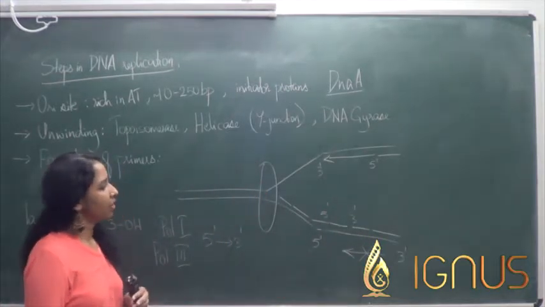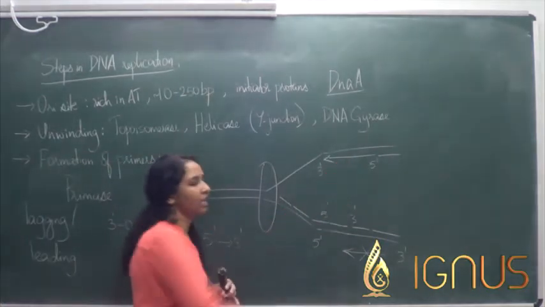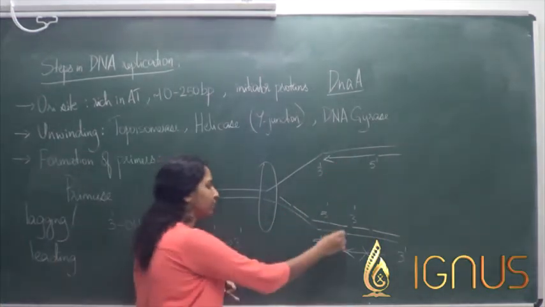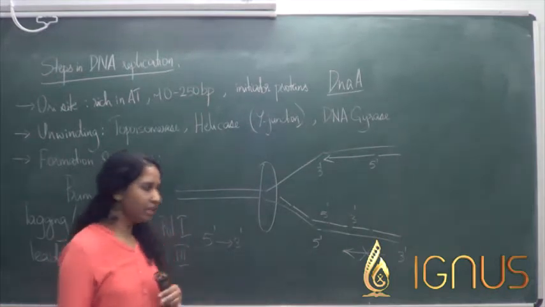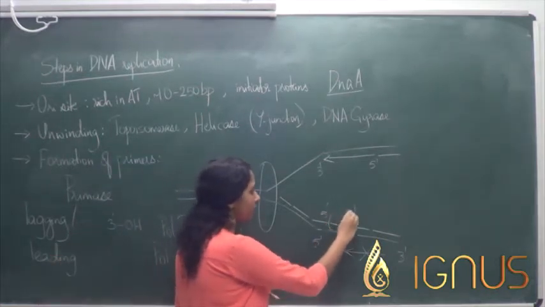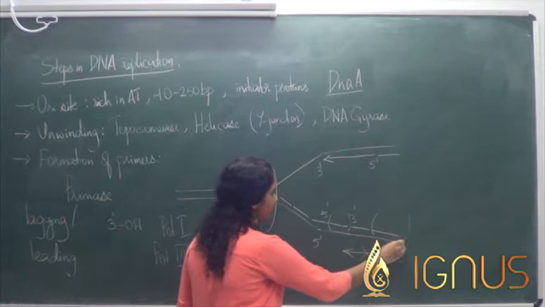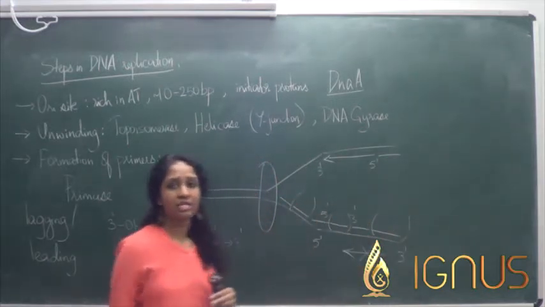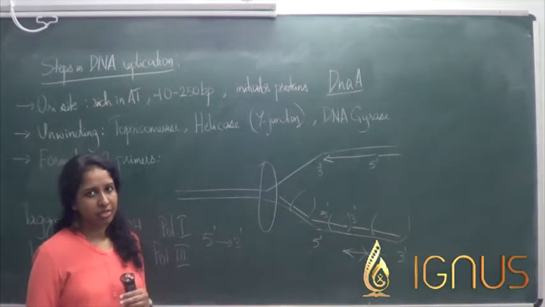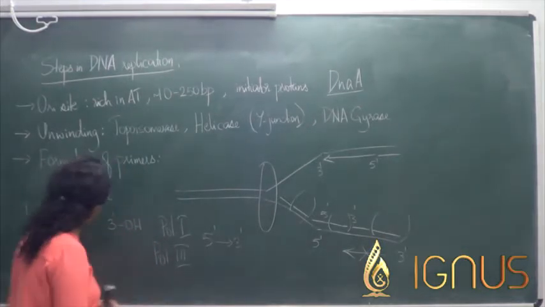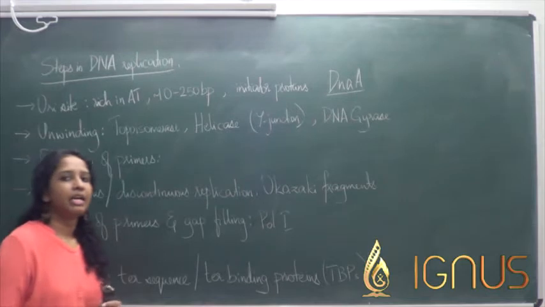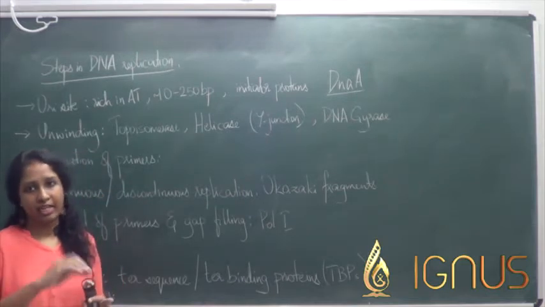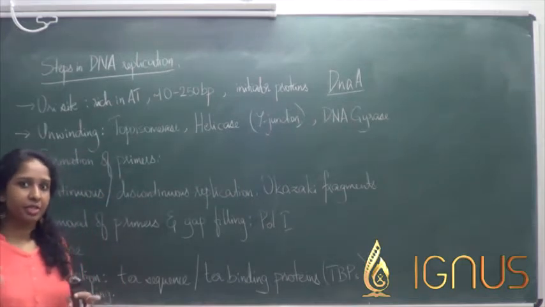Okay, so this would be called the leading strand, and this one would be known as the lagging strand, and these small pieces of DNA which are filled in between the primers are known as the Okazaki fragments.